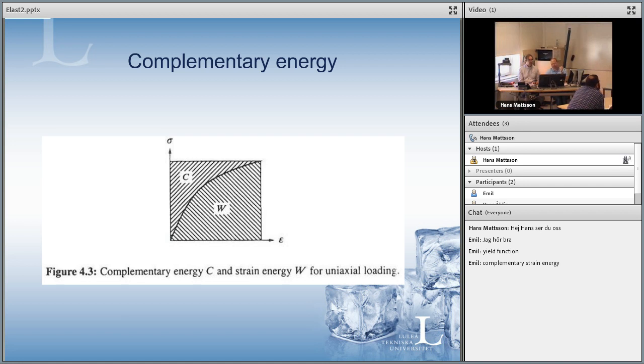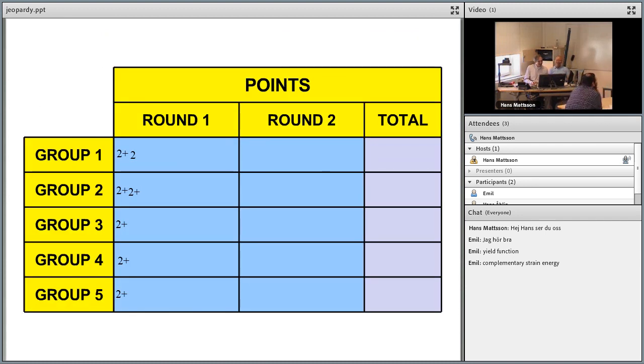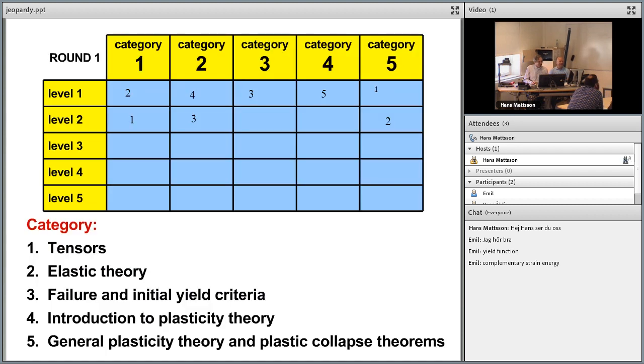Complementary strain energy. Perfect answer. Oh, it's really tight. It seems that they had some problem there, but Emil came from a distance and delivered the correct answer. Do you feel that it's close? Now we go to group number 4.